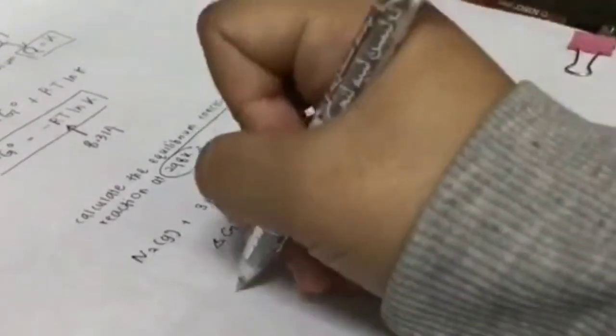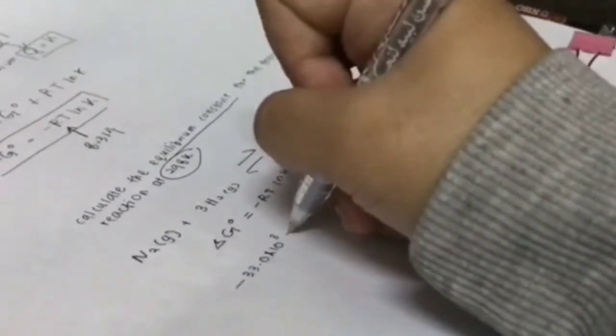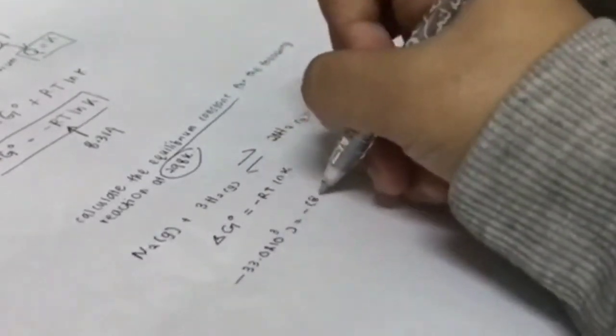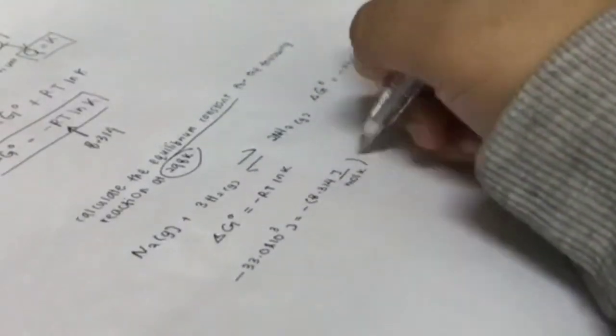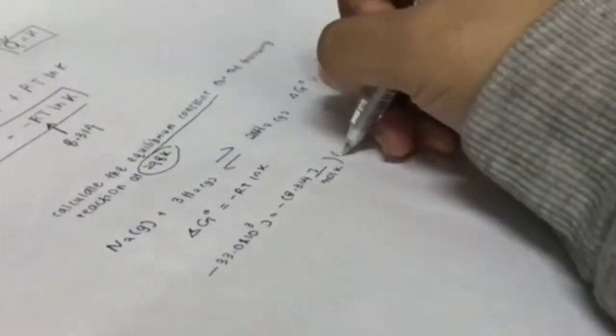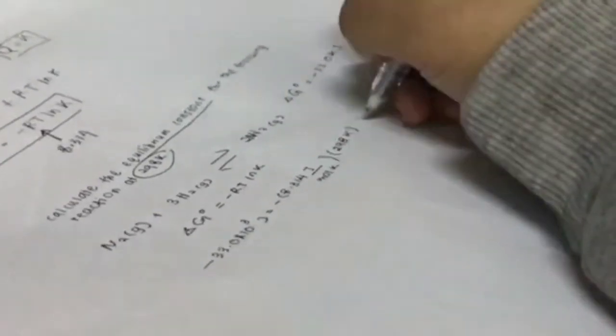Use the equation above: delta G0 equals negative RT ln K. Insert all the numbers that should be put in the equation.